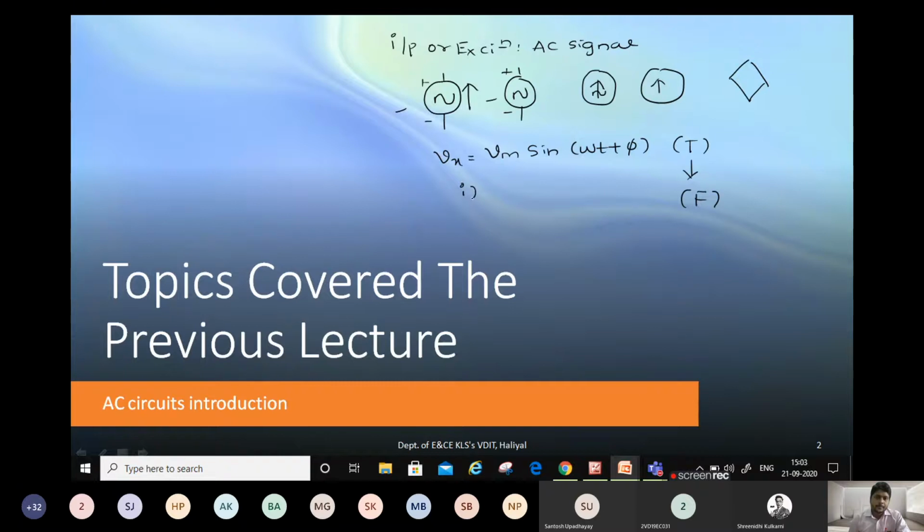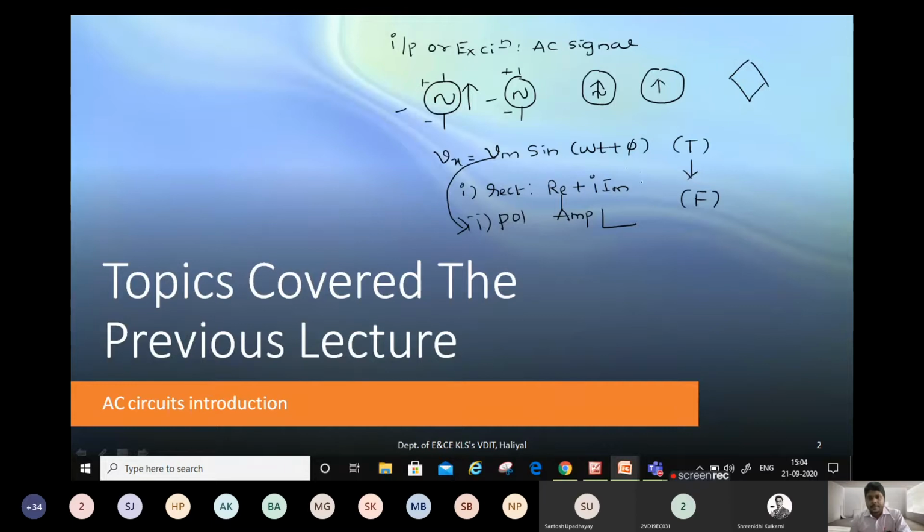The first is the rectangular form, where you have a real part followed by an imaginary part. The other is the polar form, where you get an amplitude with some angle. We usually prefer to use the polar form.